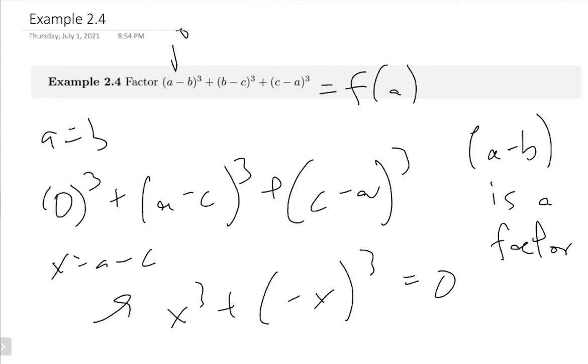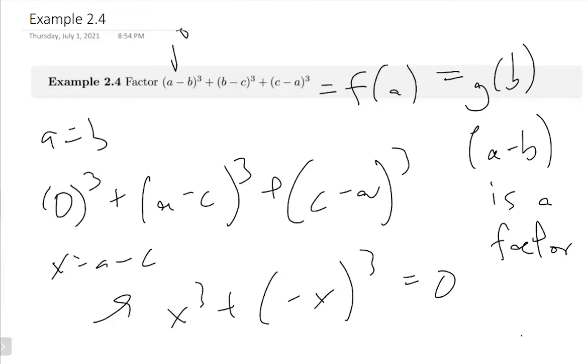So if we call this a function in B instead, let's call it G of B, then we do something similar. We set B equals C, and then we notice that B minus C is a factor. And we would also know that C minus A is a factor.